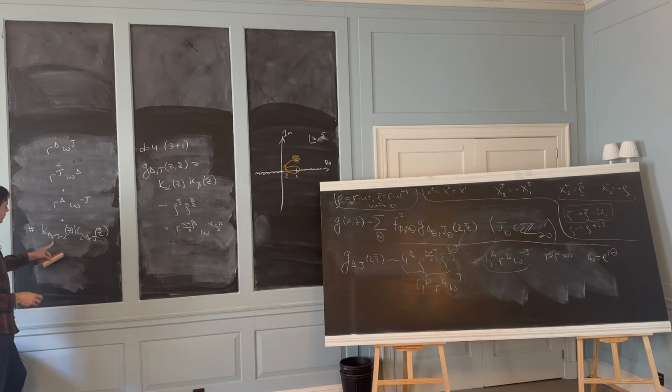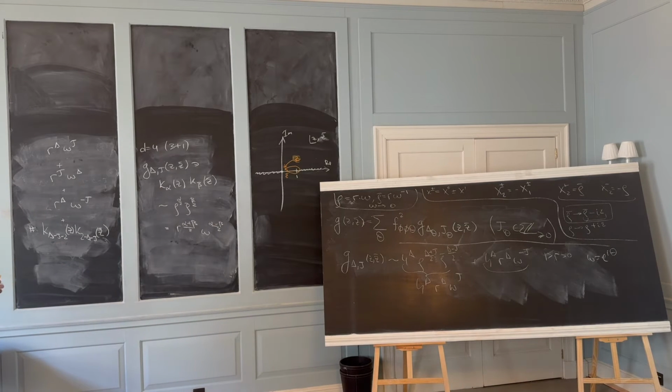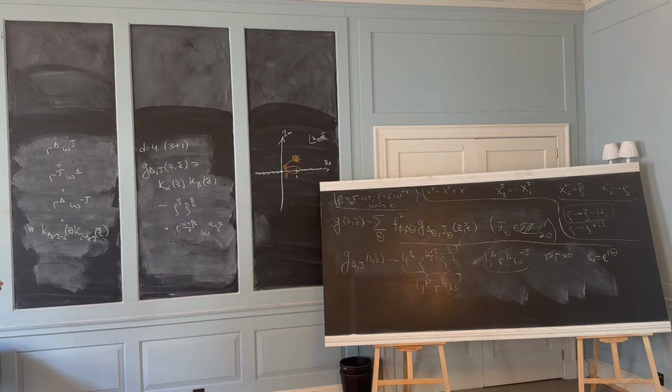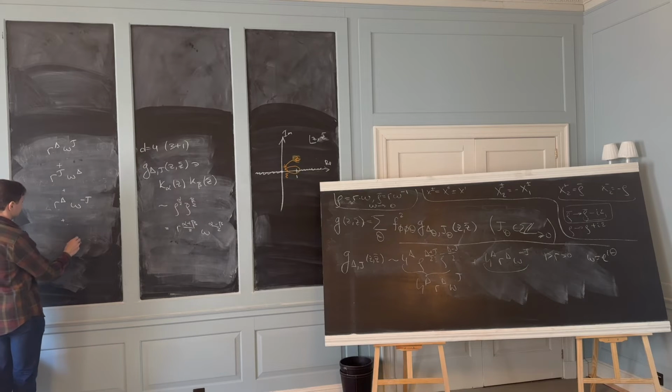And this term is going to be r to the power minus j and omega to the power minus delta. Sorry, still delta? It doesn't sound right. Okay, omega to the power delta, r to the power.